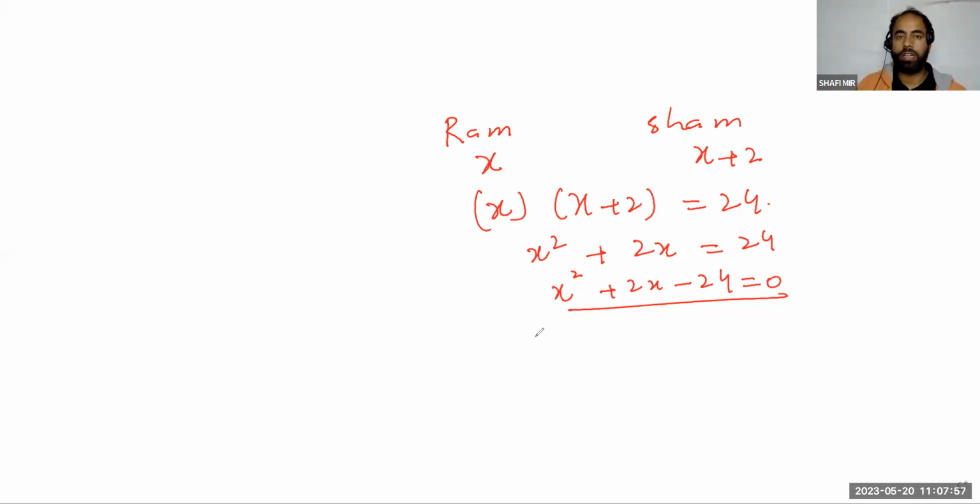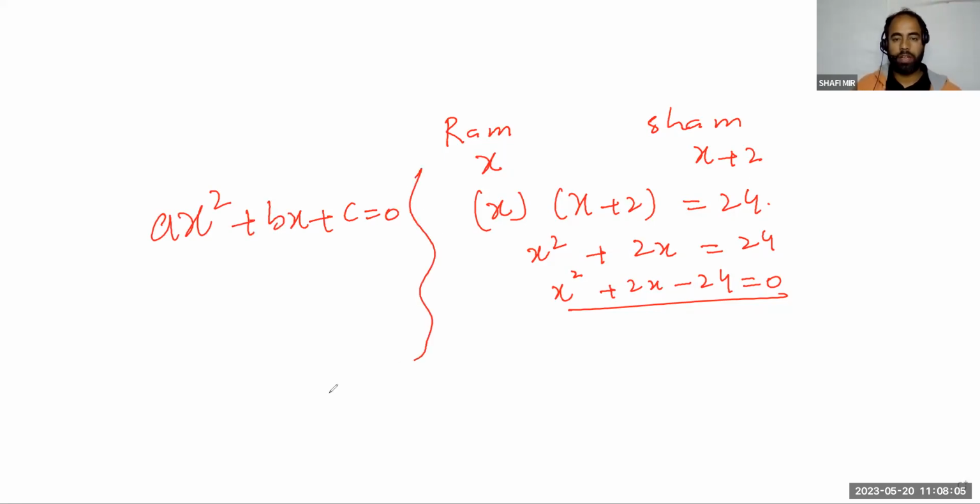Can you see it's a quadratic equation? Compare it with the general form, ax square plus bx plus c equals to 0. You will see that in this equation, a is 1, b is 2, and c is minus 24.